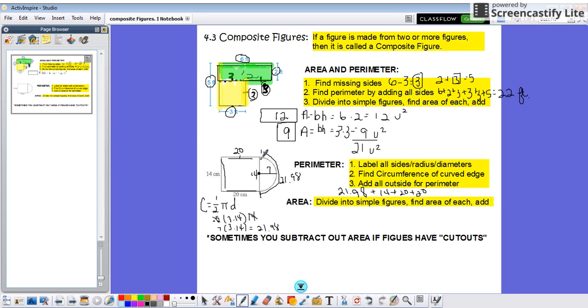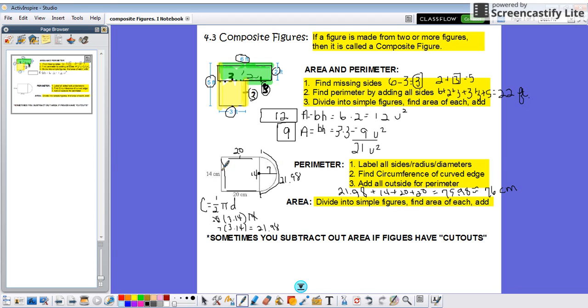That takes care of all the outside. 20, 14, 20 plus 21.98. We don't include the inside. So our total perimeter of this composite figure is 75.98, which is right about 76, and we are in centimeters. 76 centimeters.